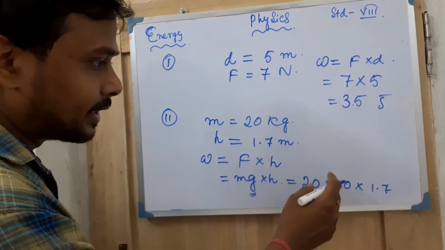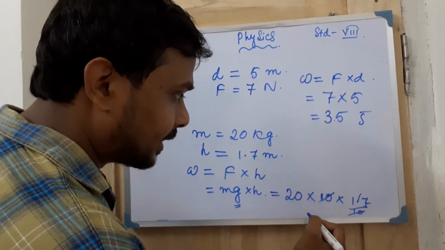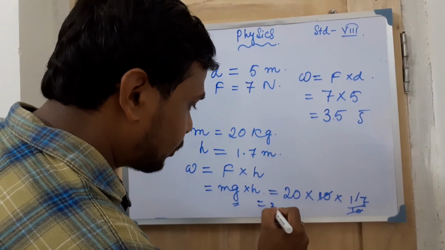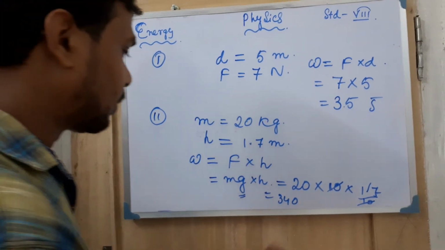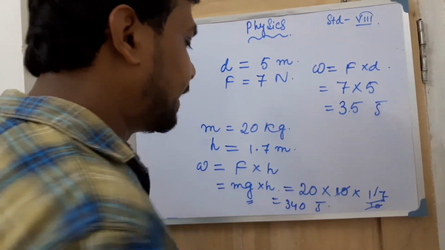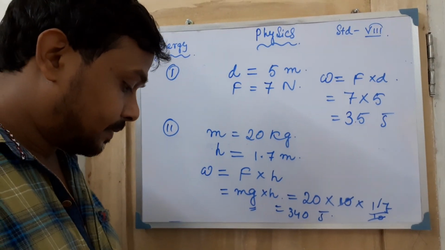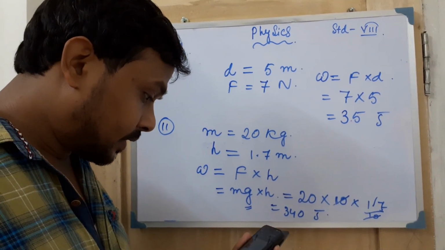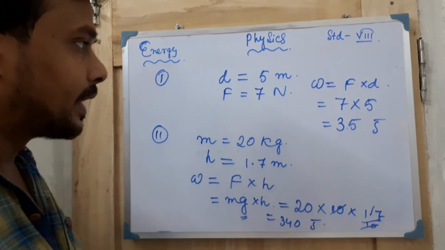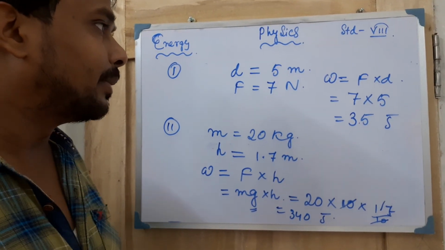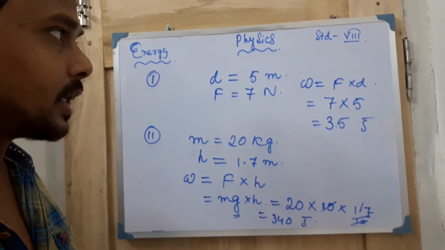If you multiply this, 10 will cancel out, so 340, that means 340 joule of work he has done. Yes, 340 joule. In this way you can complete a few numericals, which I will give you in the assignment. So this much for today, and next day I will start the energy.